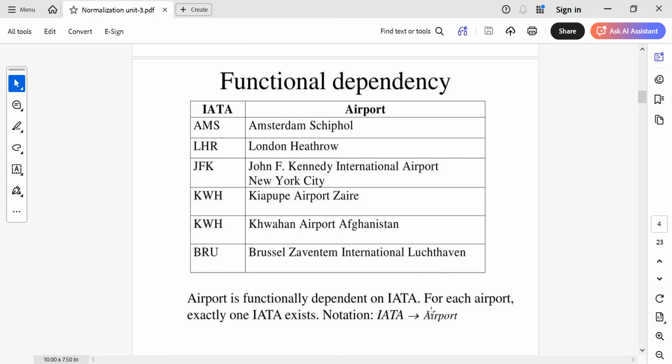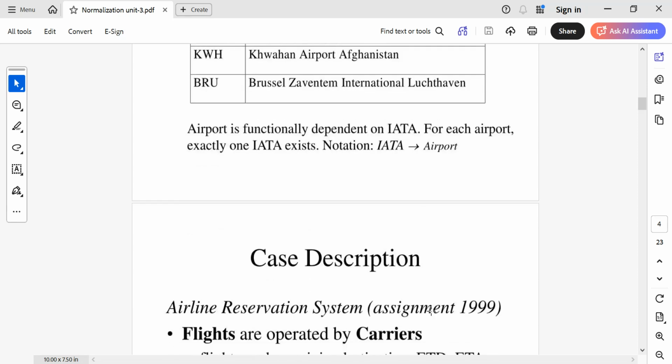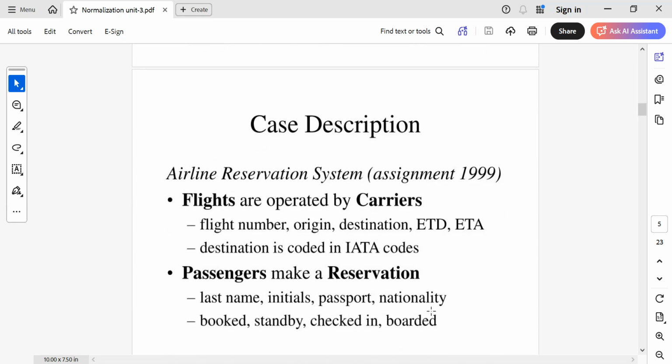So all the airports definitely belong to one IATA code. So this is functional dependency: one attribute is dependent on another attribute in a table. Here airport is fully functionally dependent on airlines. This is an example of a functional dependency.